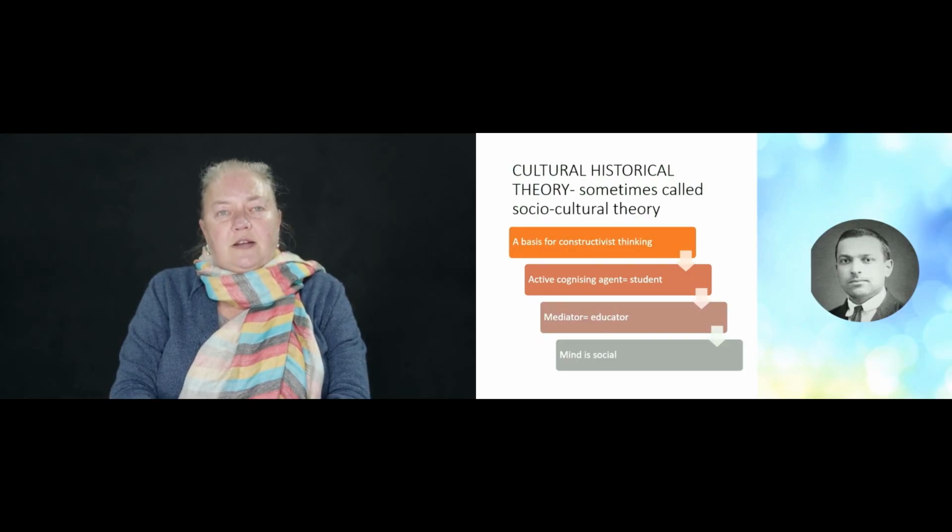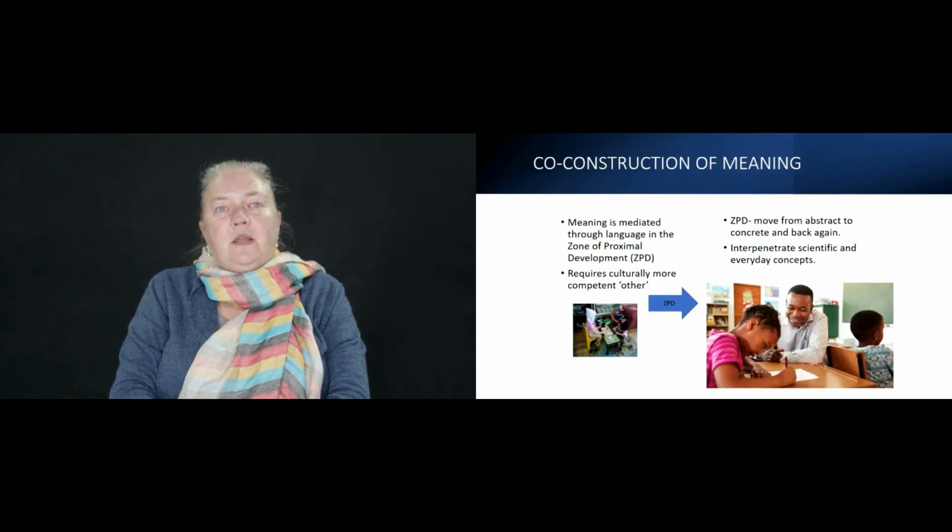They will need to be mediated about what the meaning of the table is. So mind, in fact, the unique human way of thinking is social. It's mediated through another person. Meaning is mediated predominantly through language in a space that he calls the zone of proximal development. I'd like to think of this as the zone of next development.